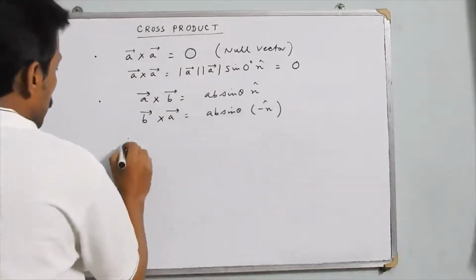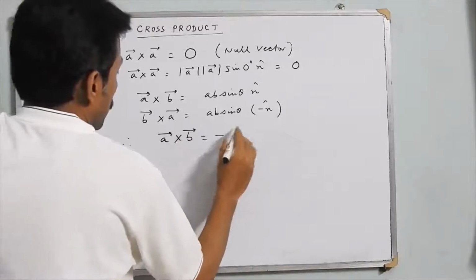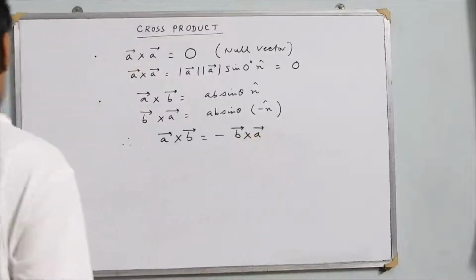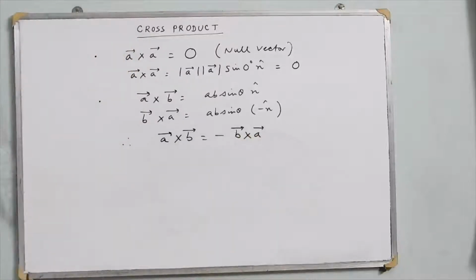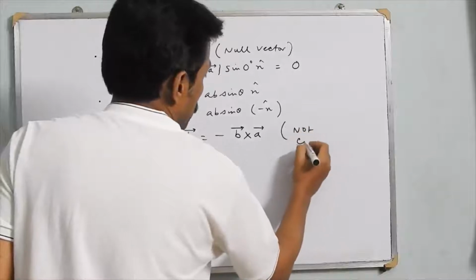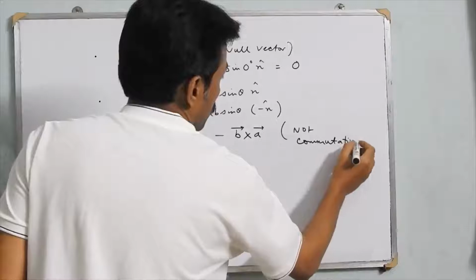So therefore you can say that A vector cross B vector is minus of B vector cross A vector. So they are not commutative. So cross product of two vectors is not commutative, just like dot products which is commutative. So you say that they are not commutative.